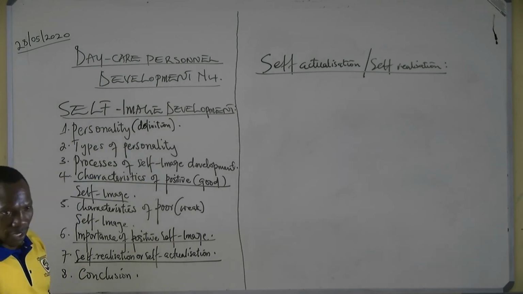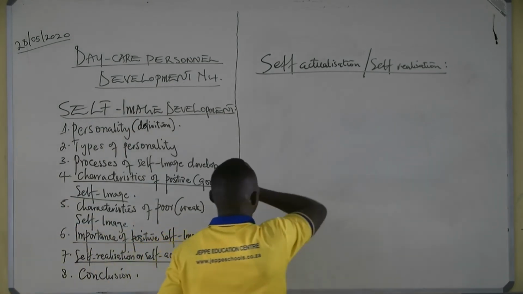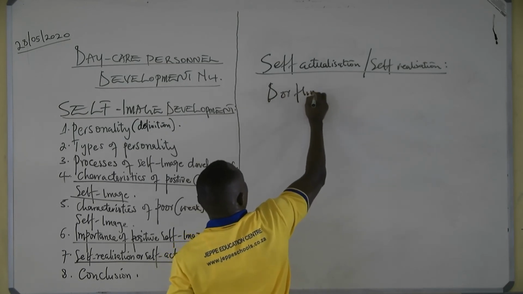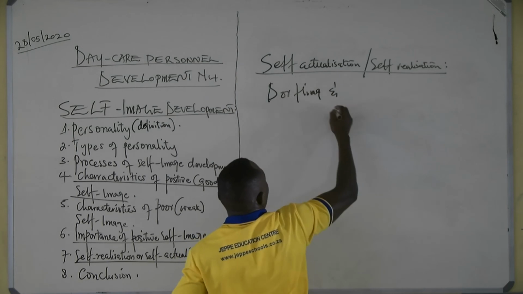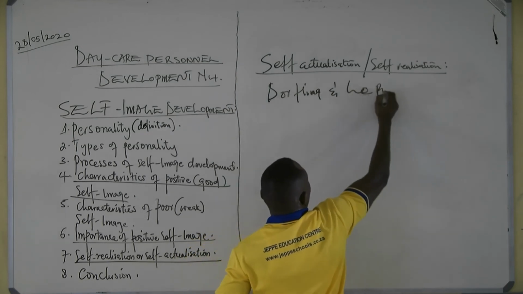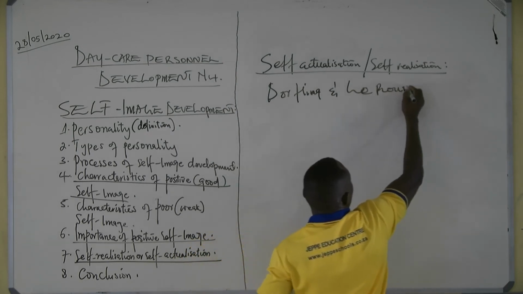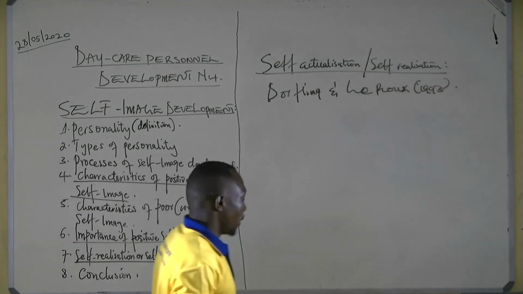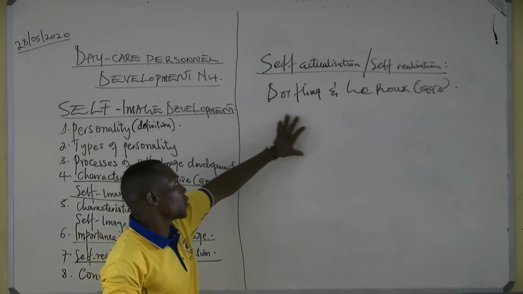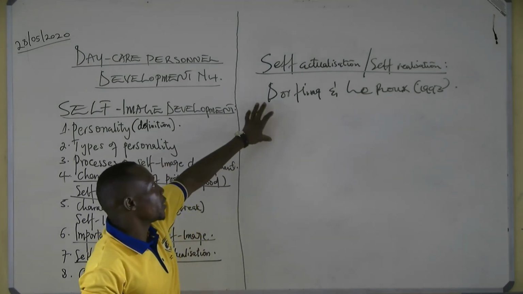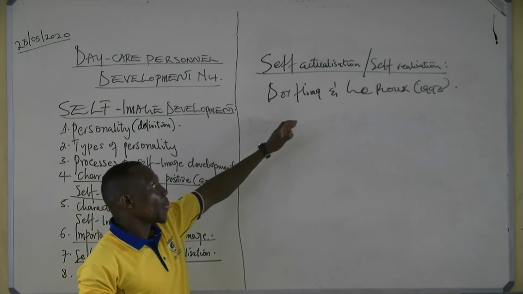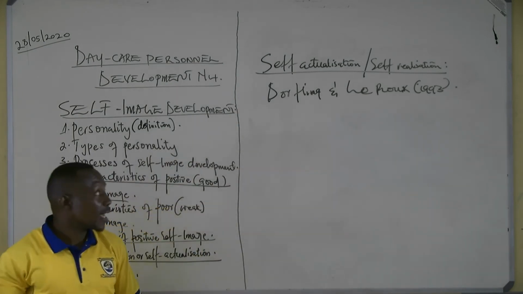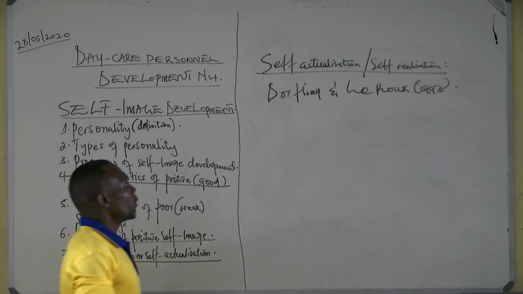Now, like we said, for the definition of personality and also the types of personalities, personality was described by two gentlemen, who produced a book way back in 1993.